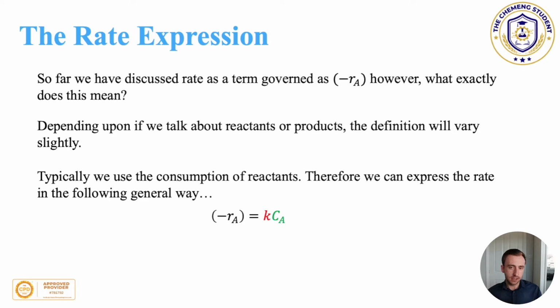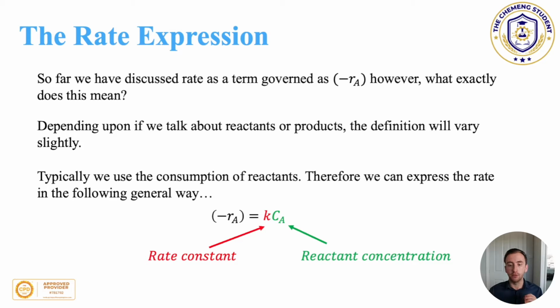We can then define minus RA as the rate constant for this particular system multiplied by the reactant concentration. So whatever the rate constant is, multiplied by the reactant concentration over an extended period of time, will tell you what the overall reaction rate is going to be.